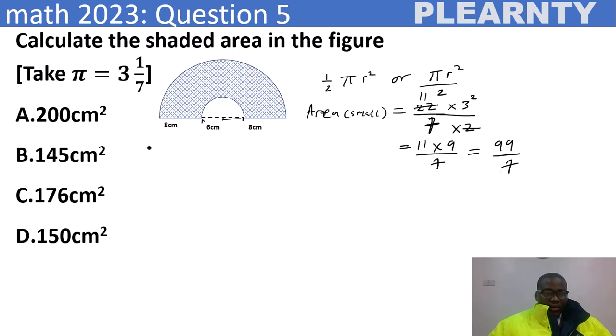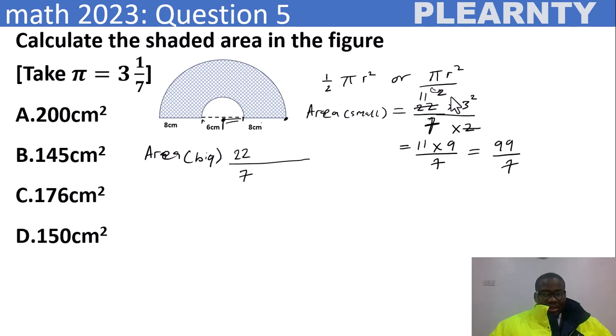Now to find the area of the big circle, so the radius of this big circle is from this midpoint here to this part. So if this is 3 plus 8, that is 11. So our radius here is 11. And we have pi r square over 2. So we say our pi, 22 over 7.